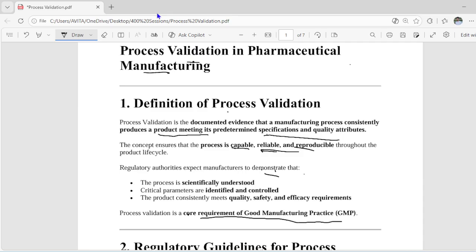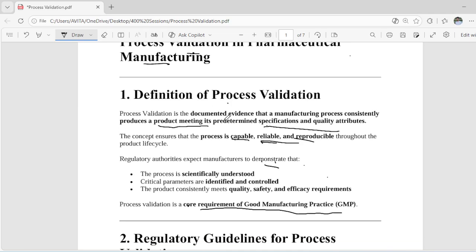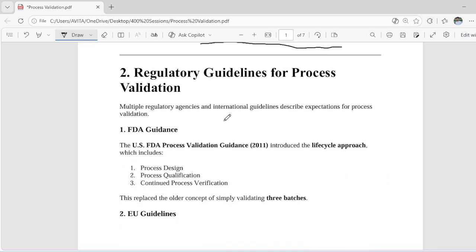Moving on to the second topic, that is the regulatory guideline for process validation. And here we're going to discuss only the FDA guidance.